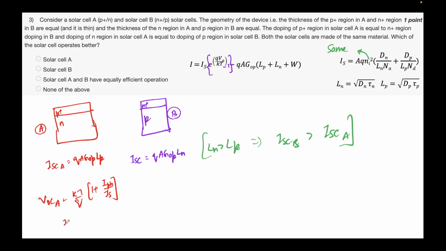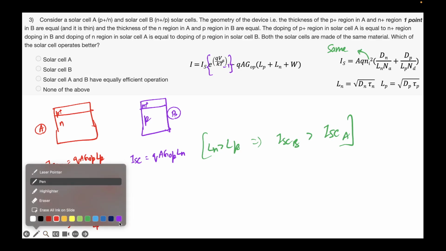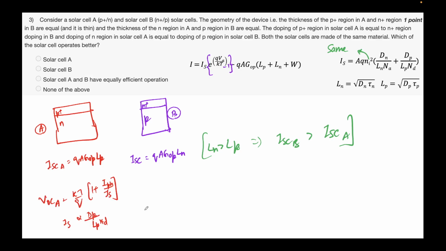So for this, IS will be proportional to DP over LP times ND. Similarly for ISB, this will be DN over LN times NA. Again, NA and ND are the same, so those terms vanish.